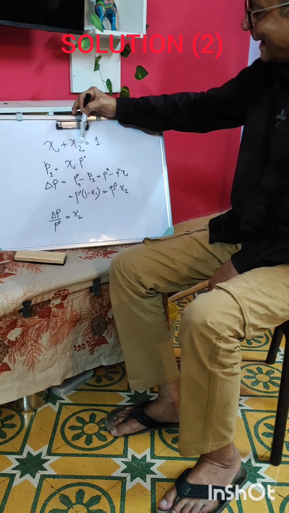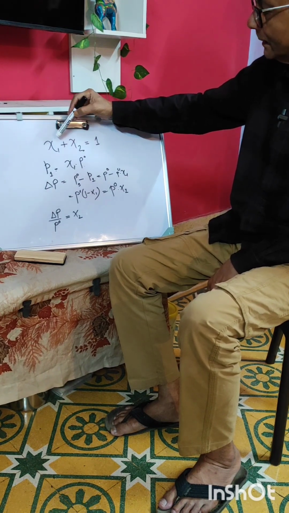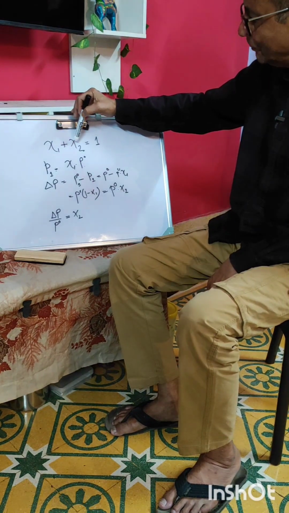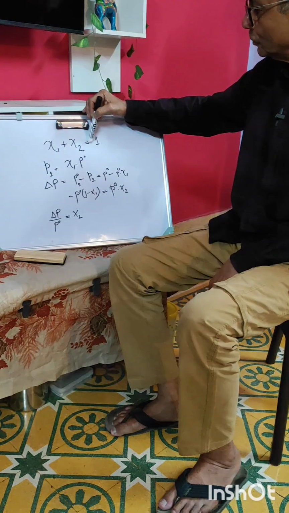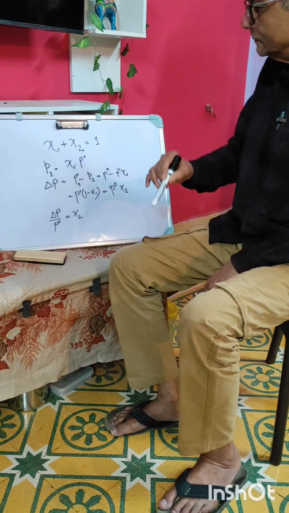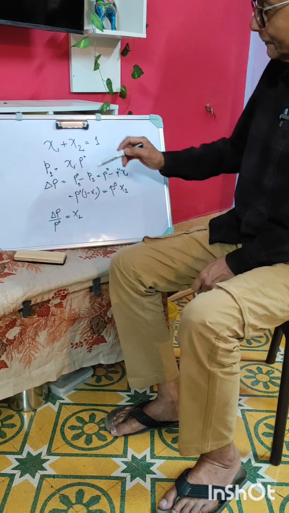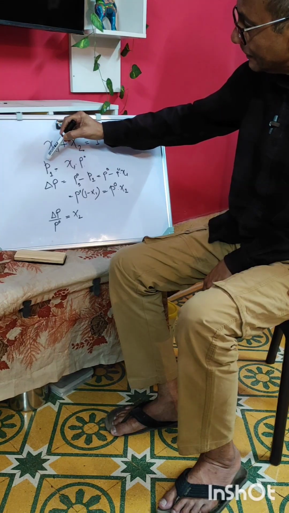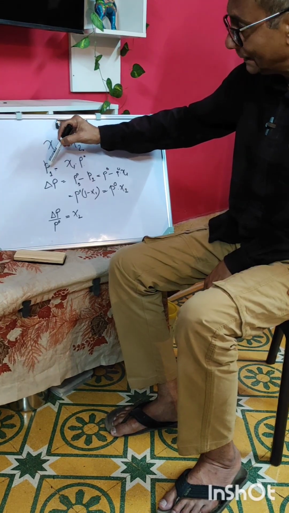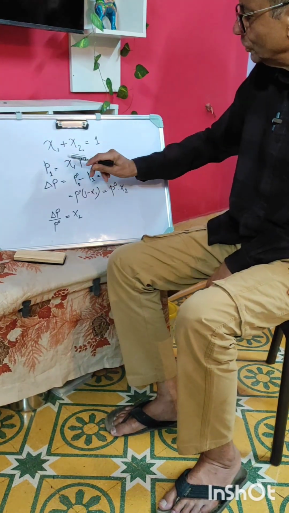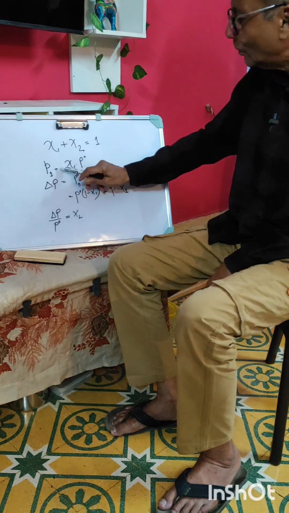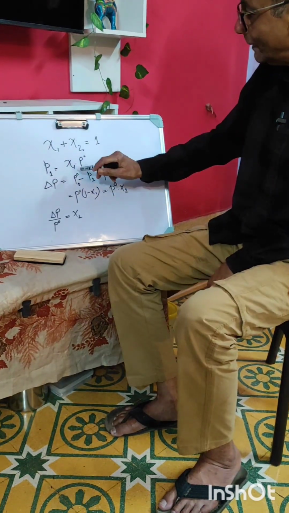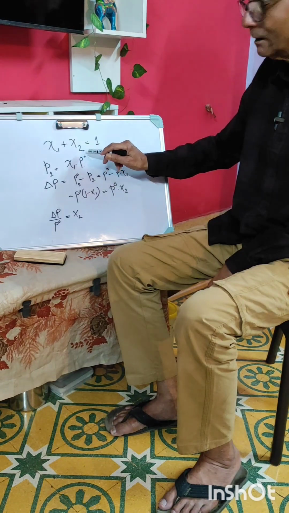Chi1 plus Chi2 is equal to 1. That means mole fraction of the solvent plus mole fraction of the solute, total value should always be 1. Now, as for the equation we discussed last time, partial pressure of the solution, that means solvent plus solute, should be equal to Chi solvent, or mole fraction of solvent, that is Chi1, into pure pressure of the solvent.